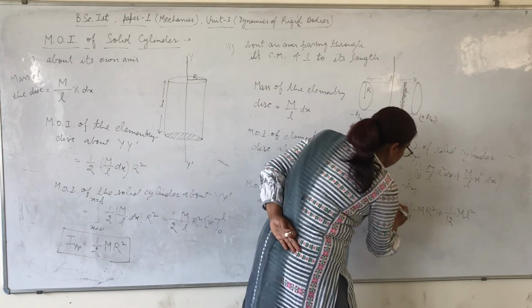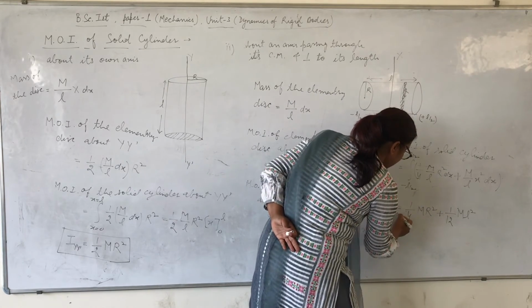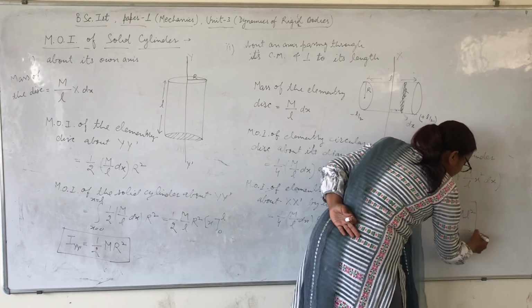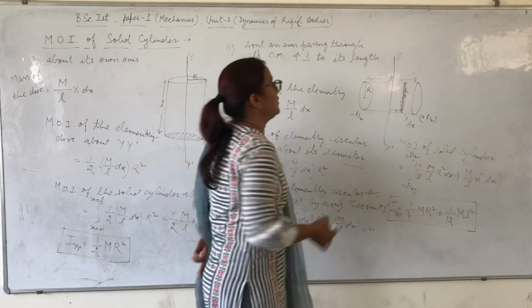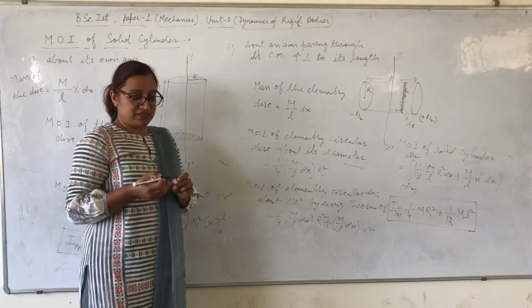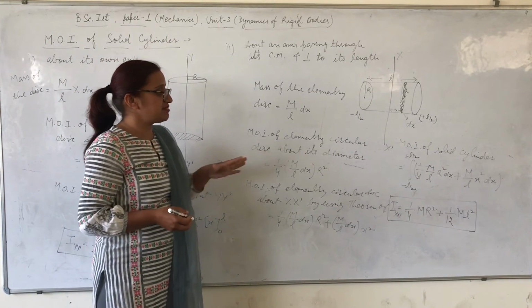So this is the moment of inertia of the solid cylinder about the axis x dash, which is passing through its center of mass and perpendicular to its length. This article is very important from the examination point of view, students, and it's very simple.